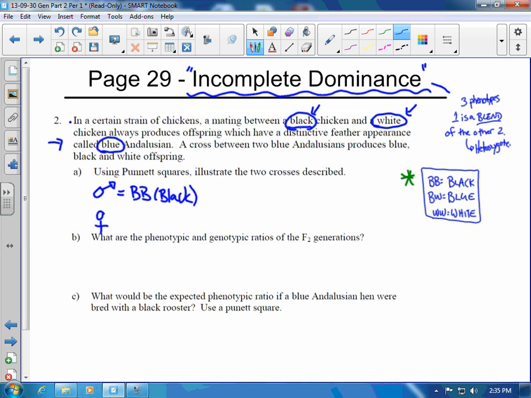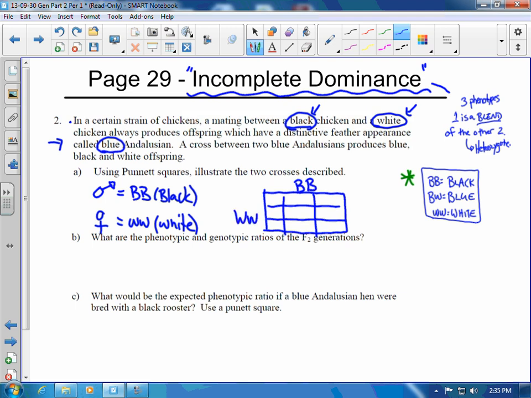It doesn't say which one is male and female, and that doesn't matter in this case. But let's set up our Punnett square. It's an X and O board inside a box. I'm going to put one parent out there and the other parent right there.